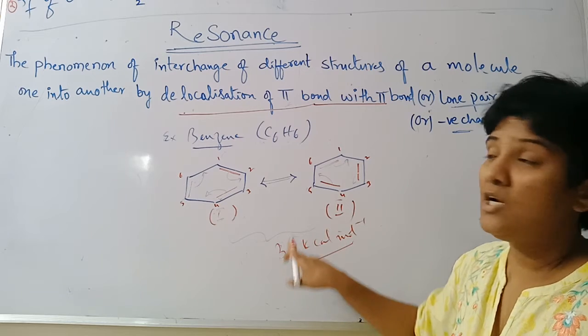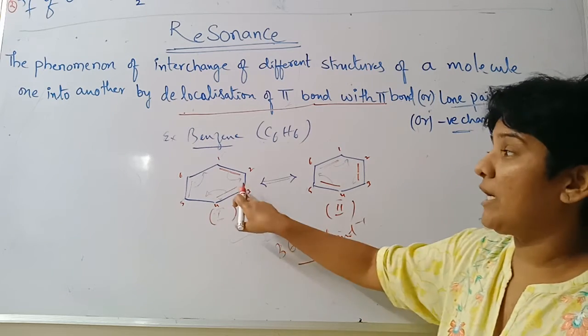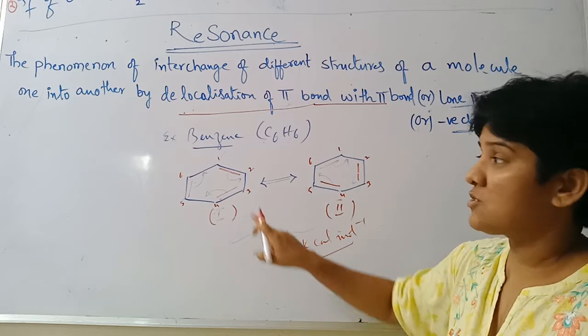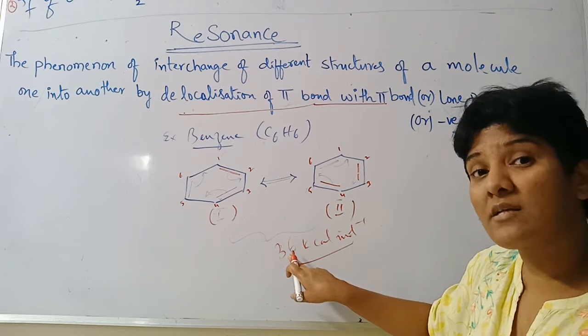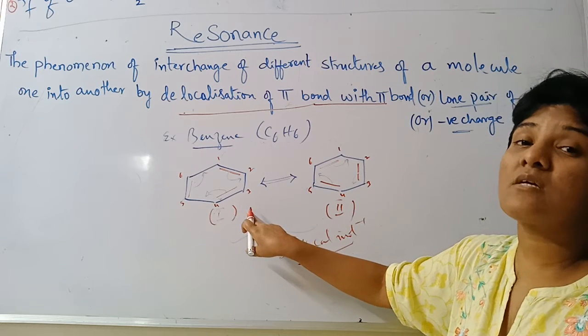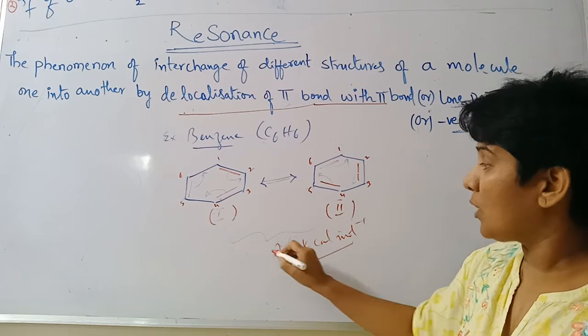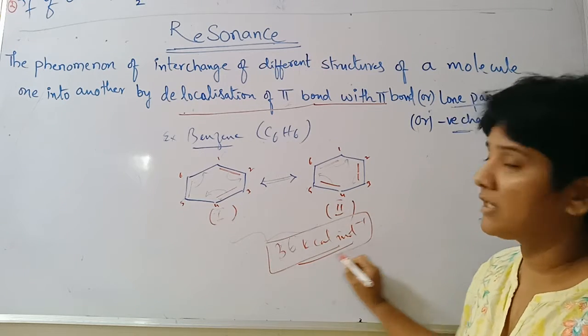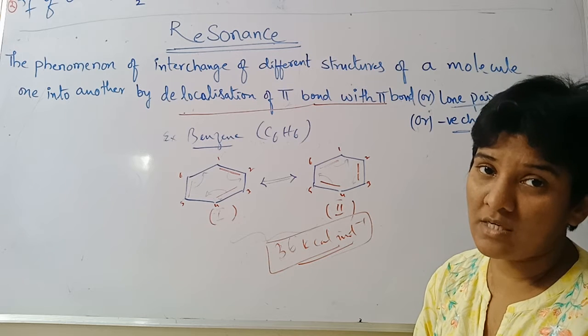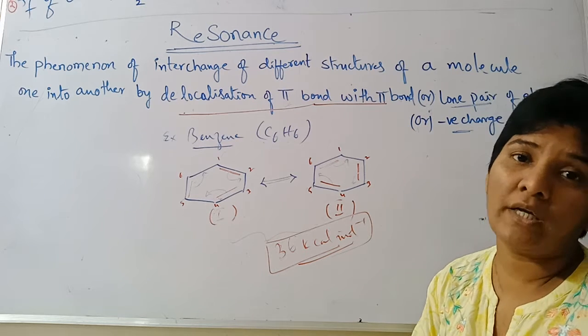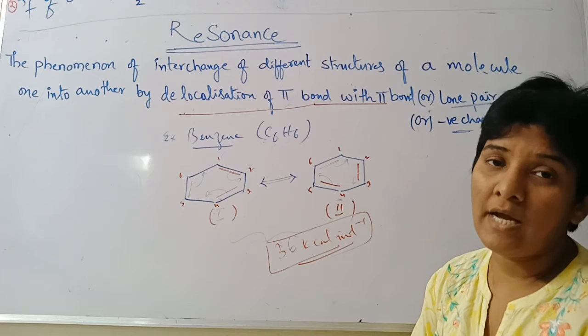By using this energy, the pi bonds will shift. So by using this 36 kilocalories of energy, the Kekulé 1 structure of benzene changes to the Kekulé 2 structure. Whatever energy is used for converting one resonance structure into another is known as resonance energy.